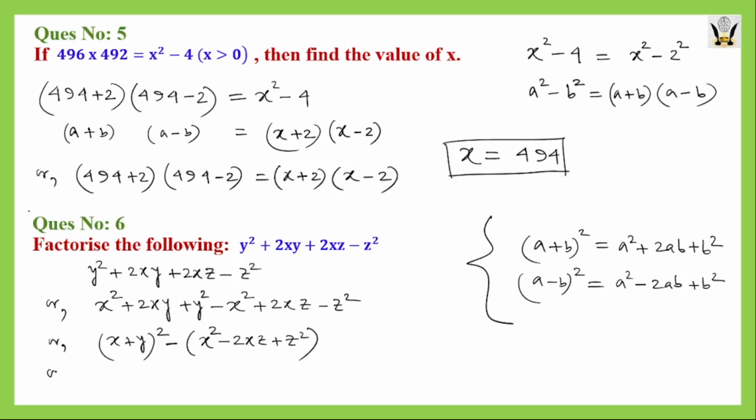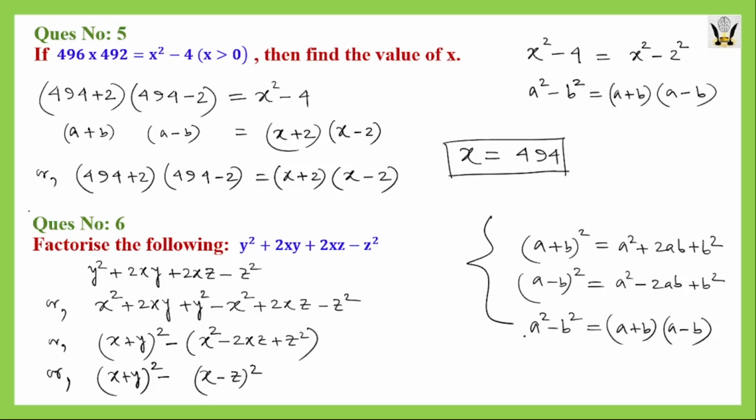So the first three terms can be written as x plus y whole square, and the last three terms can be written as x minus z whole square, right? Now again, x plus y whole square minus x minus z whole square resembles the identity a square minus b square, where x plus y itself is a and x minus z itself is b.